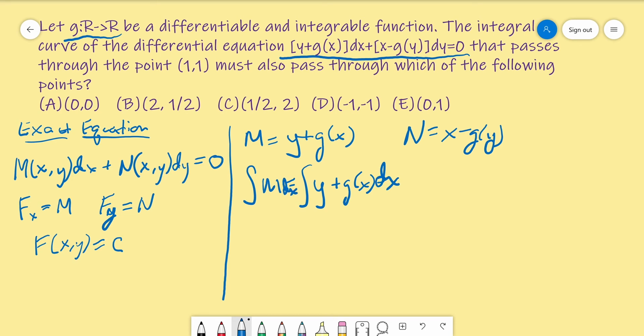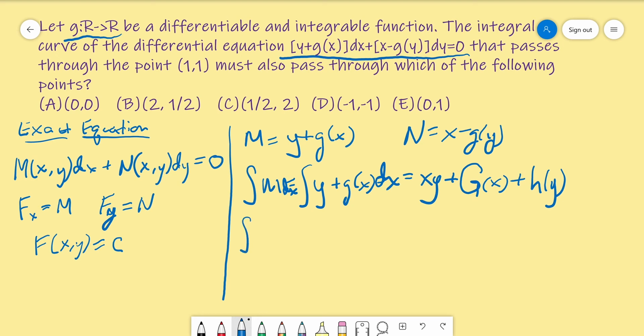That's going to be xy plus the antiderivative big G of x plus some function, let's call it h of y. We have to include that because when you take the derivative with respect to x, that's going to drop out. So it's like adding a constant of integration, except here it's a function of y.